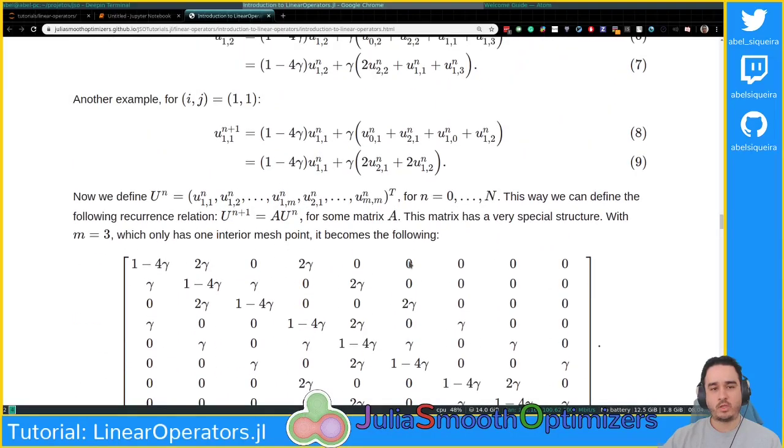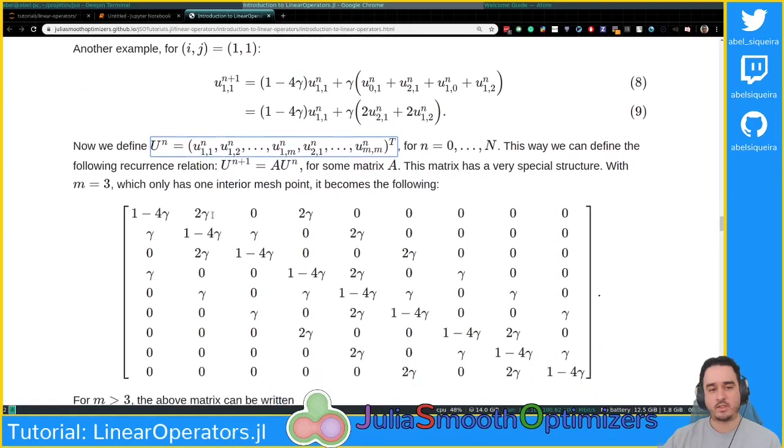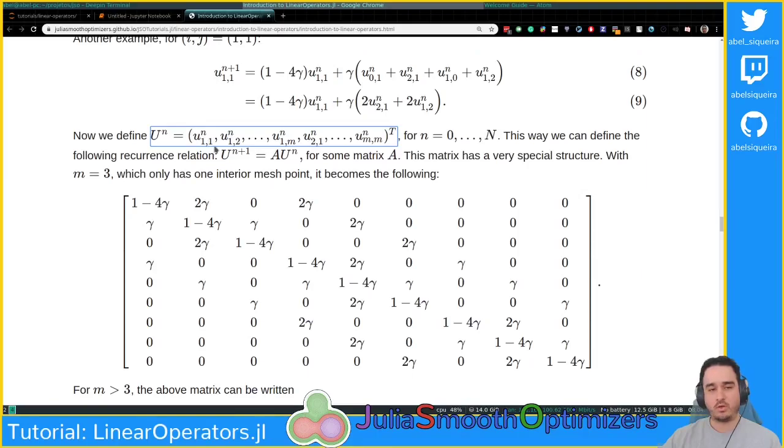And each vector u_{n+1}, which is the whole linearized spatial values at n+1, can be simply defined by A times u_n. Okay, so this is a simple product of the previous vector times A.